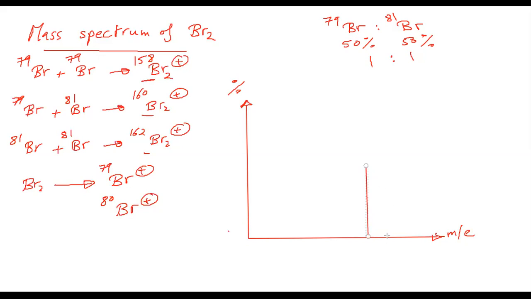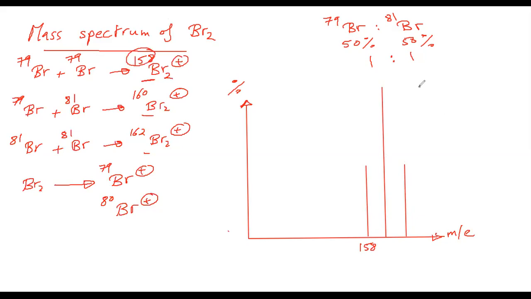One at 158, isn't it? Yeah. The other at 160, and the third at 162. Yes, exactly. So we have 3 peaks, one of them at 158, which is the molecular mass.